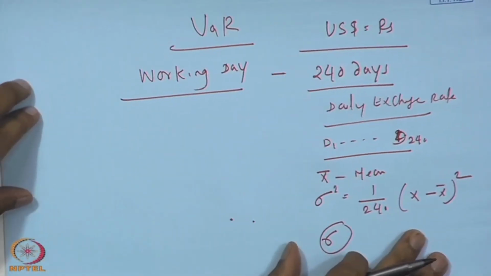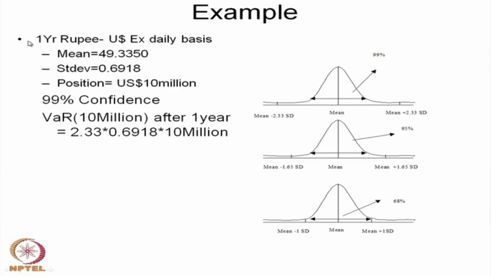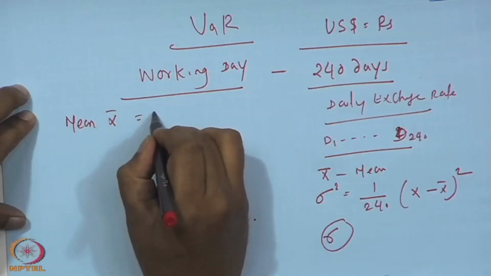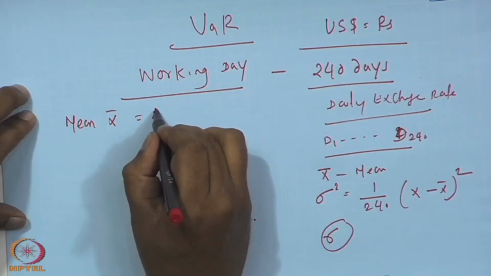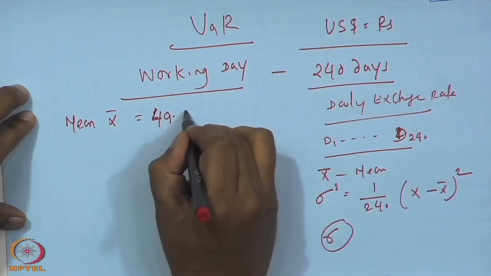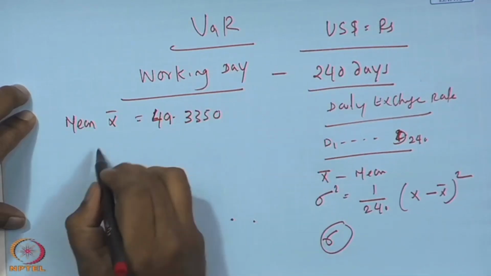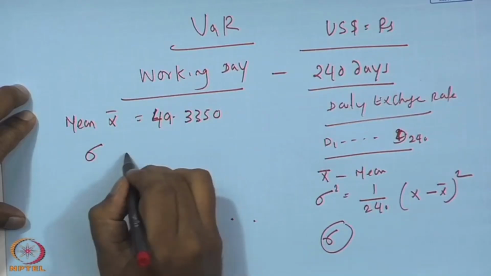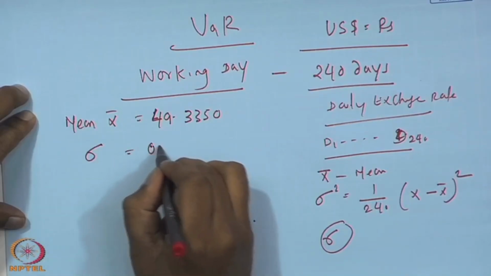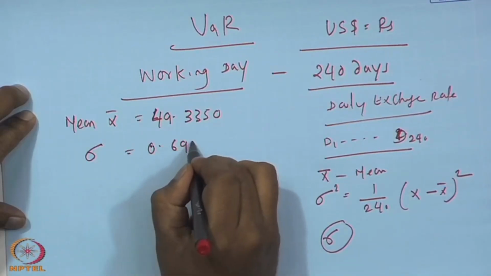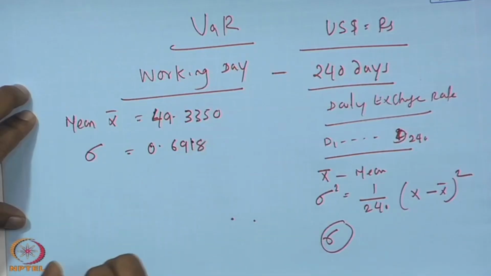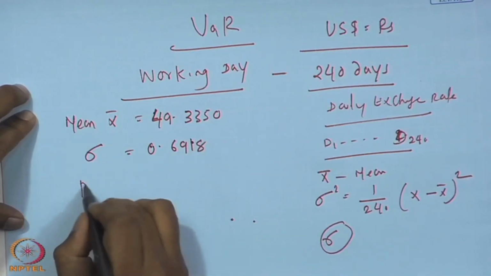Suppose we got the mean x bar of around 49.3350, and a standard deviation of around 0.696918.